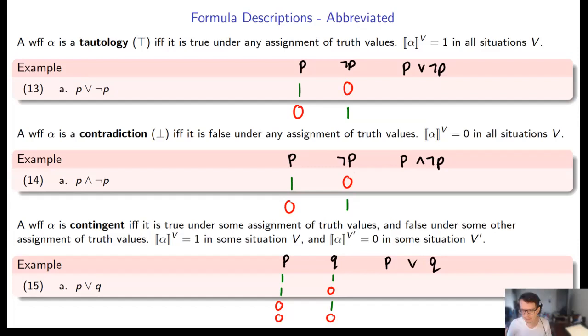So there's three types. The first type, at the top, we have well-formed formulas that are called tautologies. So here's the IPA for that. Tautology.